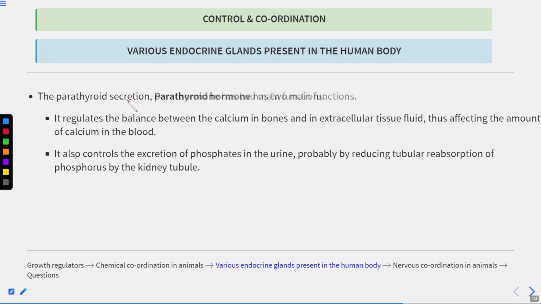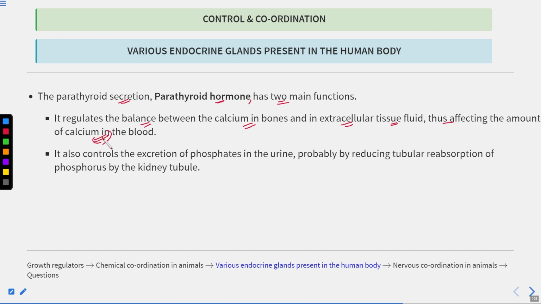Clear? Now let's talk about the secretion of the parathyroid gland. It is known as parathyroid hormone and it has two functions. The first function is that it regulates the balance between the calcium in the bones and in the extracellular tissue fluid, thus affecting the amount of calcium in the blood.